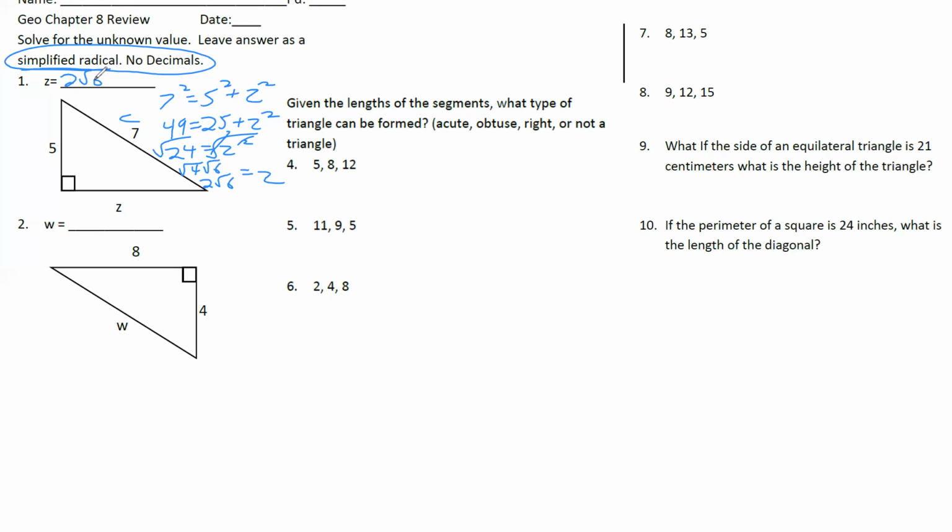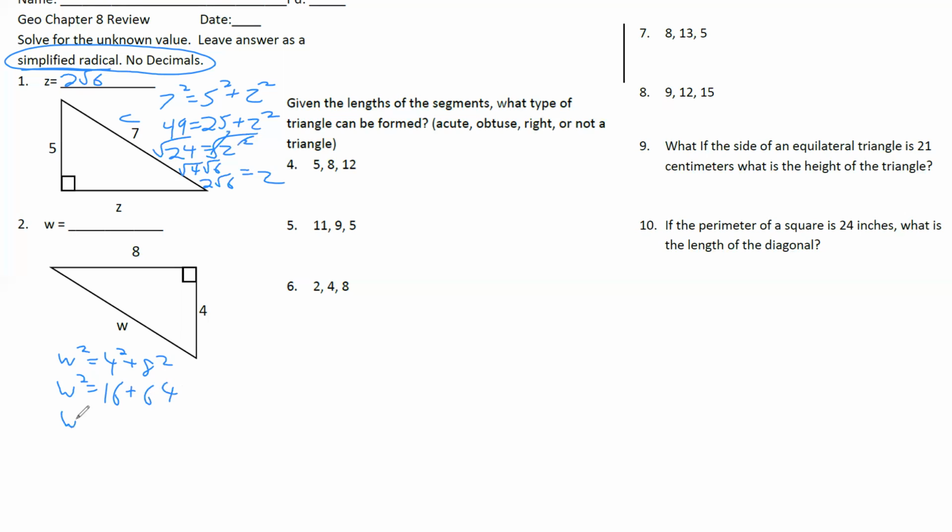On number 2, looking for W. W is now in the position of our hypotenuse. So plugging that in, we have W squared equals 4 squared plus 8 squared. 4 squared, that's going to be 16. 8 squared is 64.